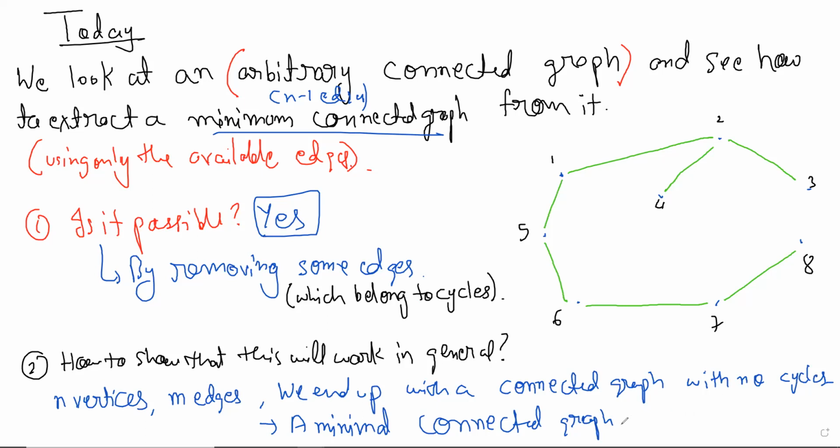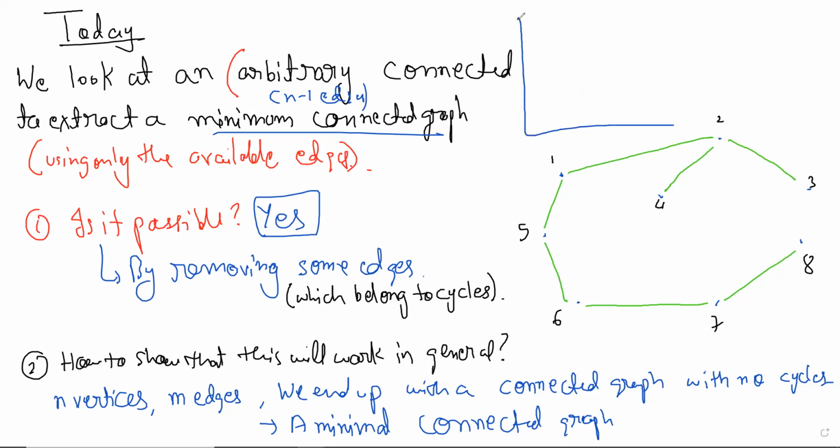Any minimal connected graph will have n minus one edges. This was the reason why the algorithm worked in the first place. You can also try to show it if you have not seen this. We have spent some time on this, and for those who were not there, just try to think about this. It's not difficult.